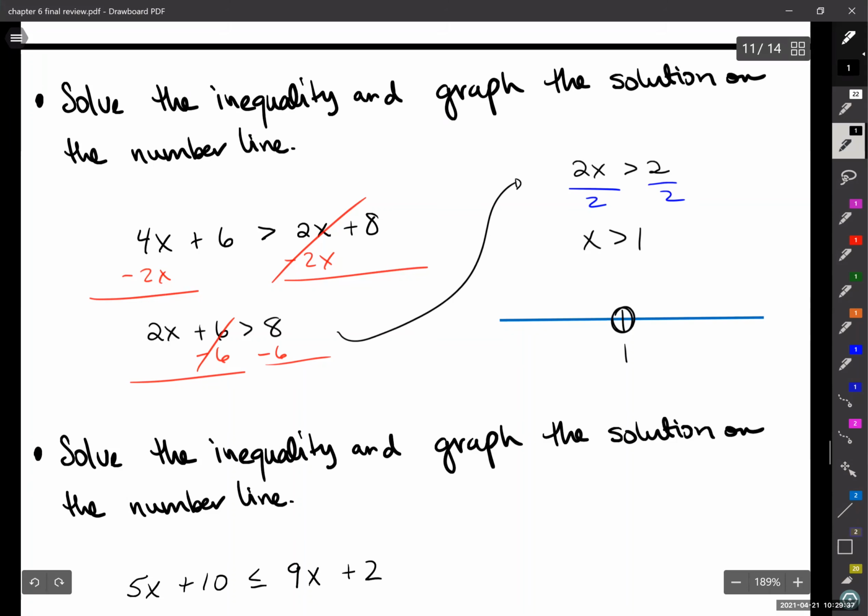It's just greater than, so we clearly make an open circle around 1. X should be greater than 1, so we should shade to the right.